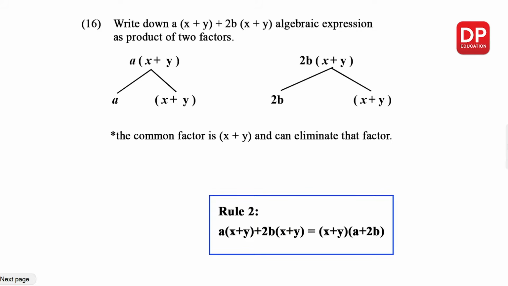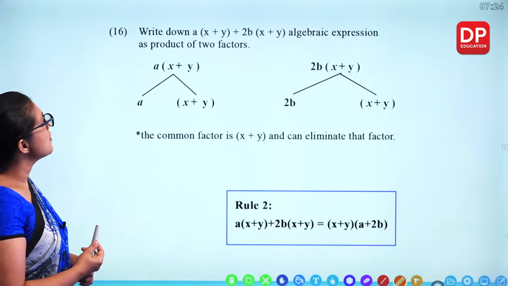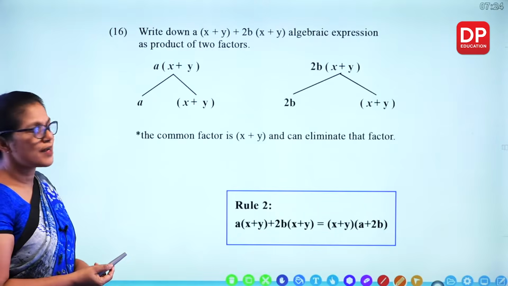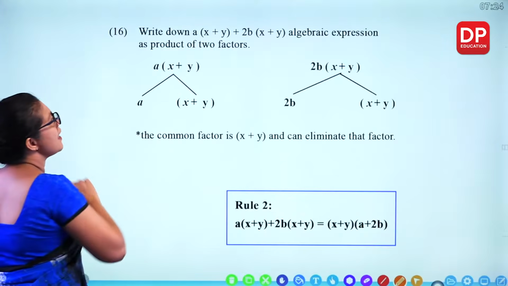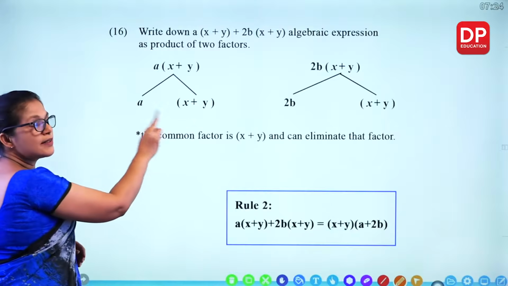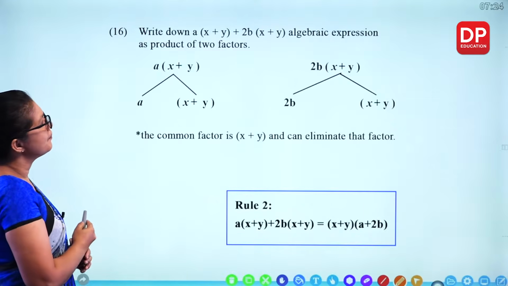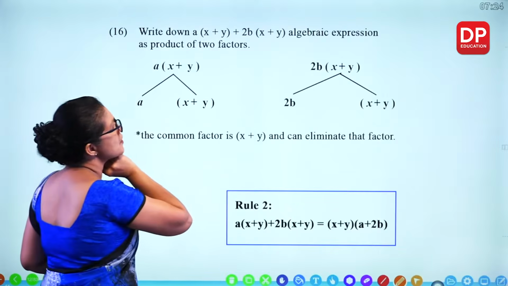Now look at this one. Write down a into (x plus y) plus 2b into (x plus y) as product of two factors. Okay, we'll take separately this one, a into (x plus y). So you can write the two factors like this. What about this one? 2b into (x plus y).